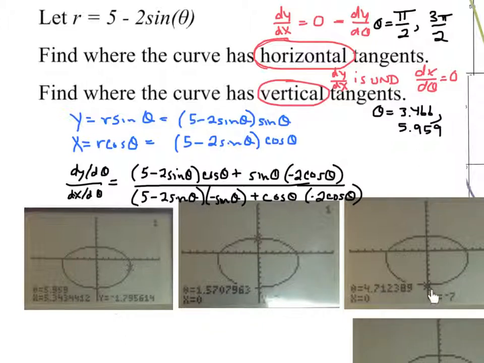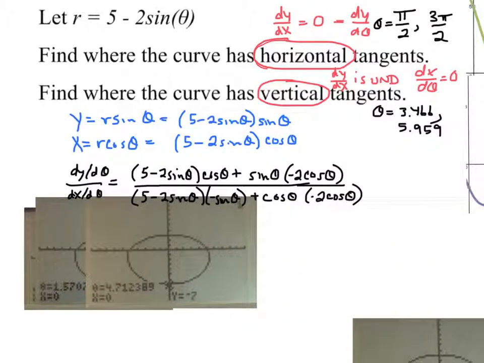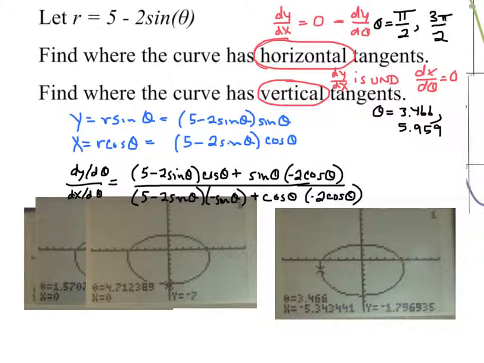When I asked for 3 pi over 2, I got the horizontal. And let me just pull up this last one. When I asked 3.466, I got the vertical. So it does work. It's a lot of work, but it does work out pretty nicely to do it that way.